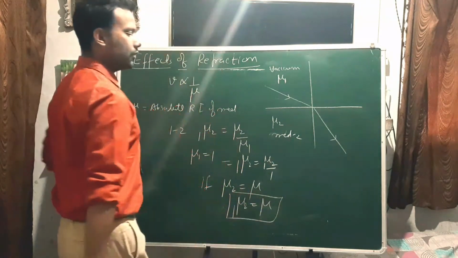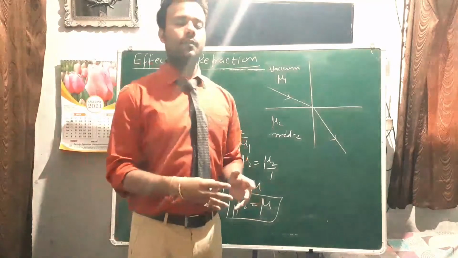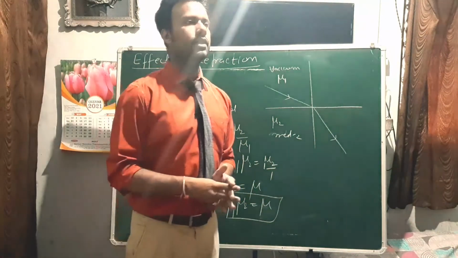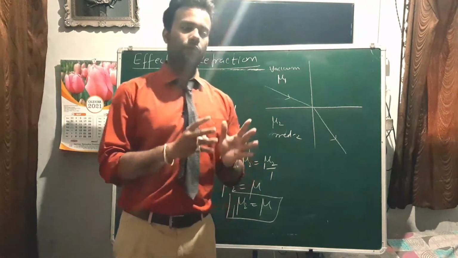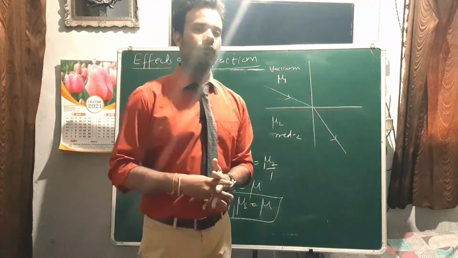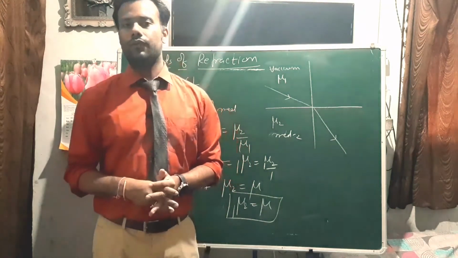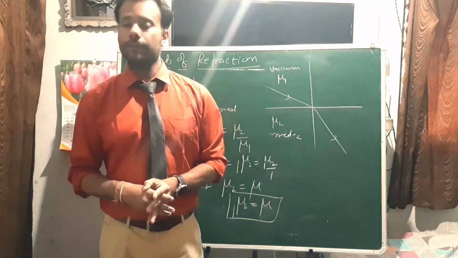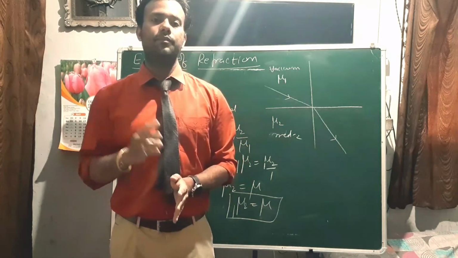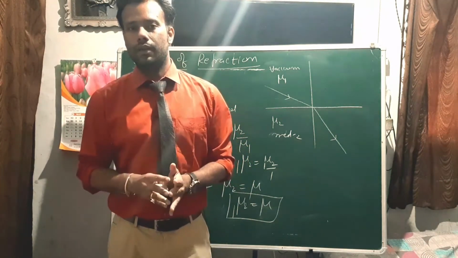Now this mu will be known as the absolute refractive index of the medium. For example, light is going from vacuum to glass. The refractive index of vacuum is 1 and that of glass is 1.5. So that mu of the glass will be known as the absolute refractive index of the medium.